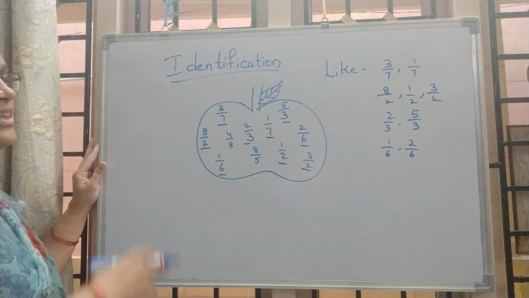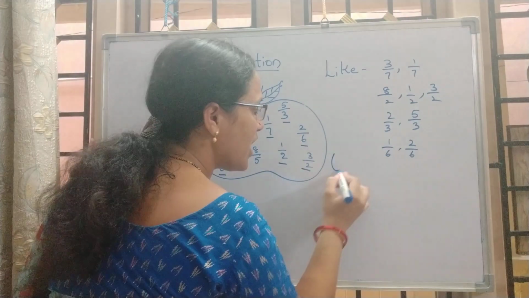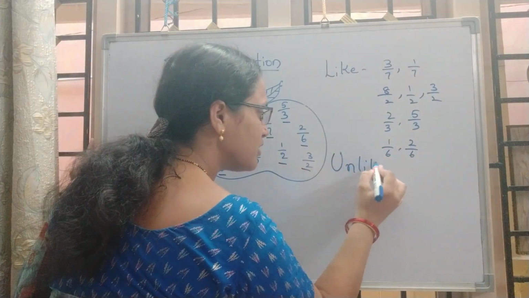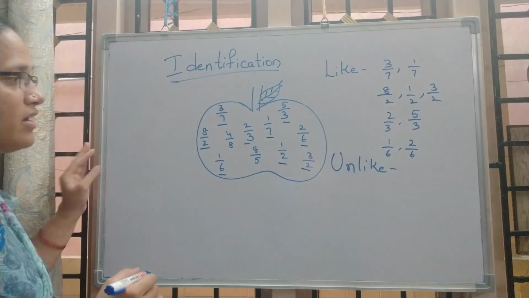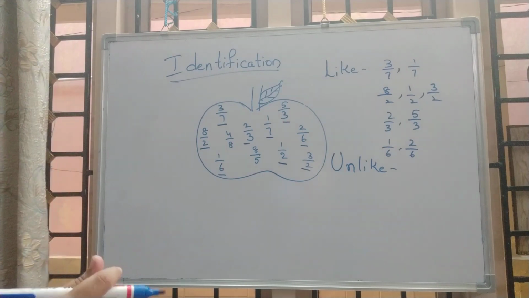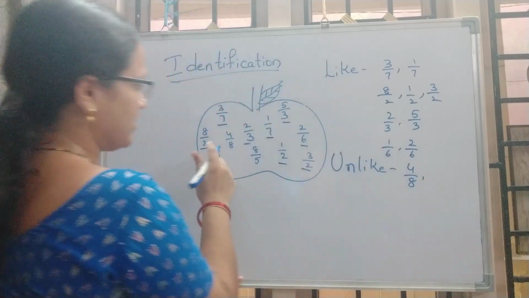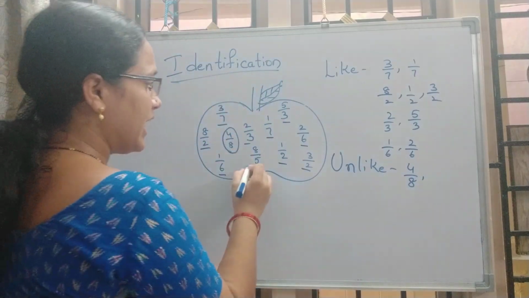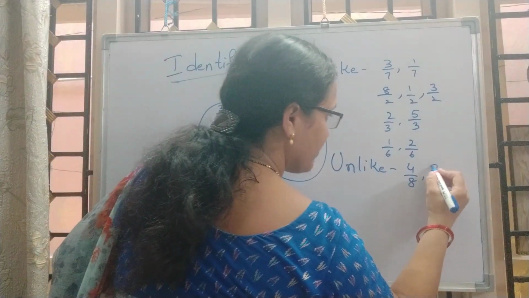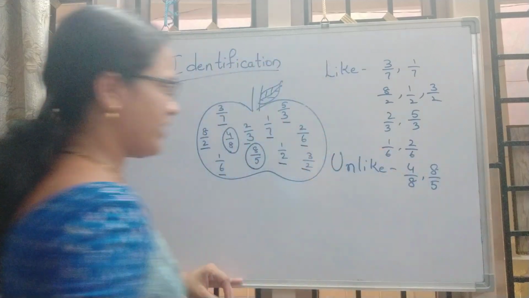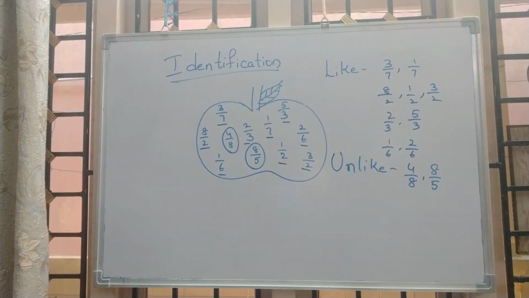Now out of all these, after writing, which are unlike fractions? Where are the unlike fractions here? Yes, there are unlike fractions here. That is 4 by 8 and 8 by 5. 8 by 5 is an unlike fraction. Others all are paired.